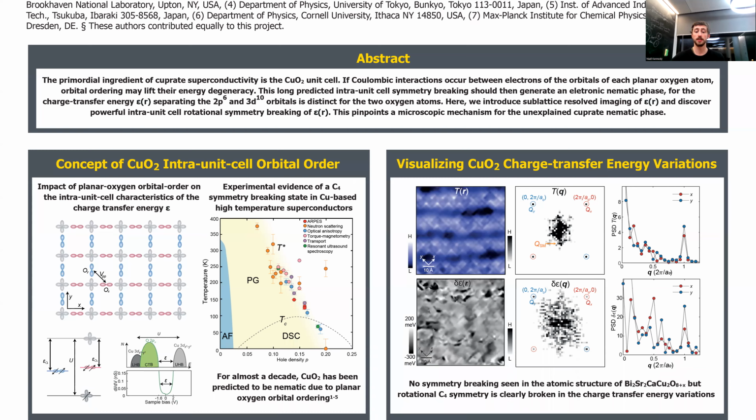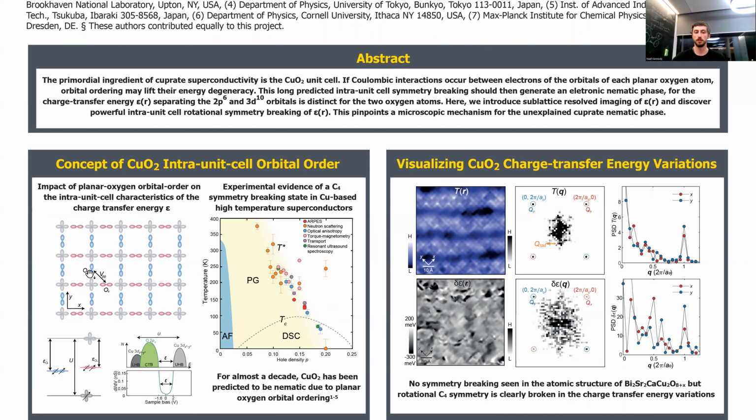So in the first panel here, a schematic is shown describing planar oxygen orbital order, and this would be seen as a difference in the charge transfer energy between oxygen atoms in the x direction versus the y direction. So here is the CuO2 unit cell, or a schematic of it. You have the copper atom in the center. You've got, in the y direction, 2 oxygens, and in the x direction, you have 2 oxygens.